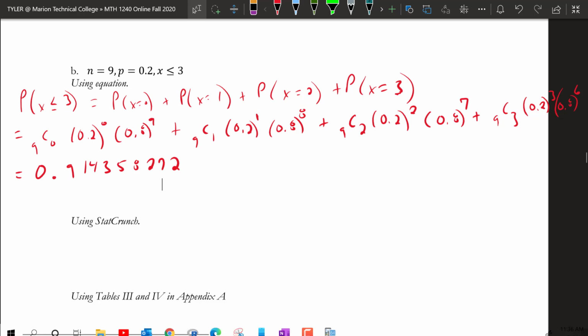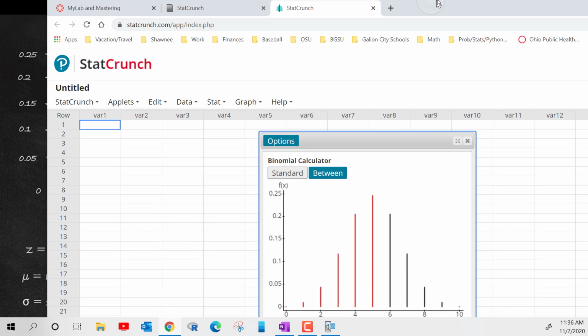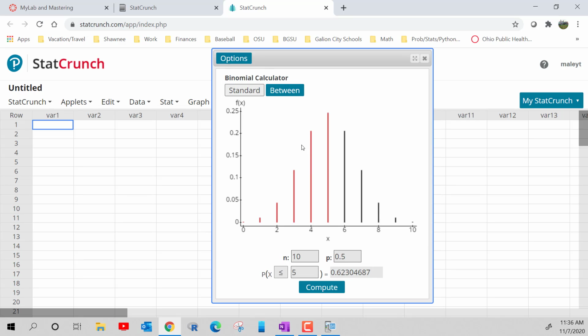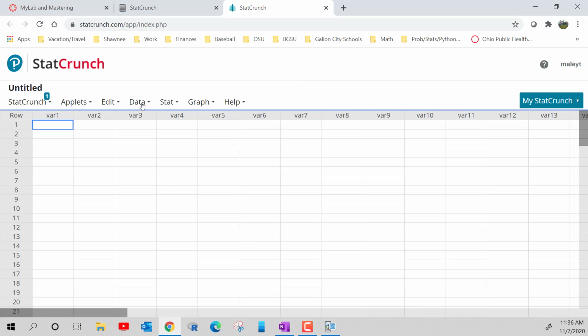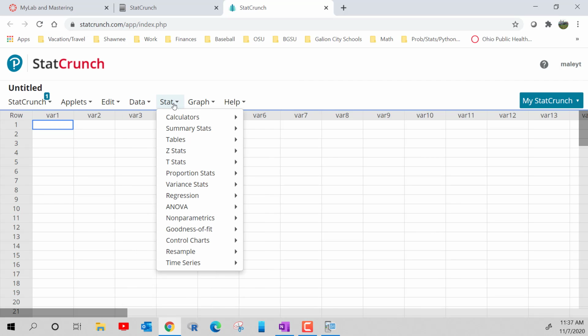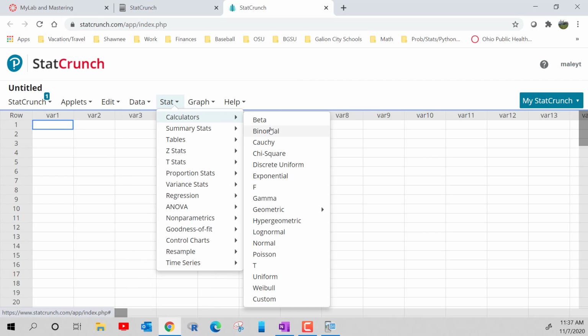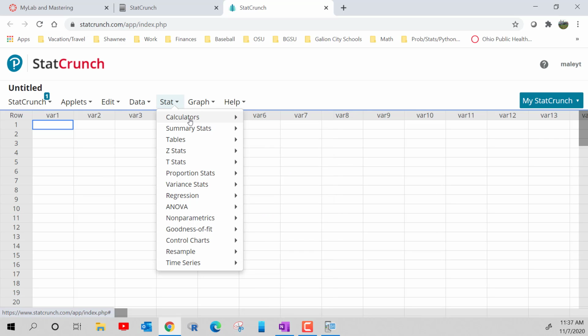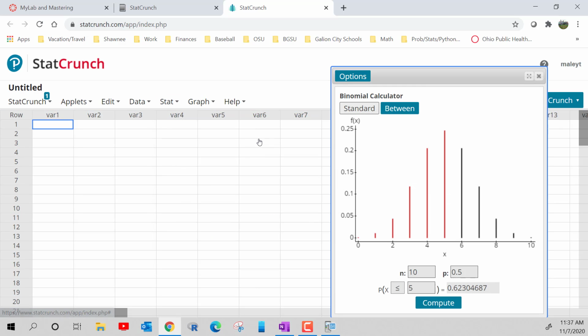Right, so now what I want to do is find this using StatCrunch. So here's my StatCrunch calculator. Remember, to get this to pop up, you're going to go to data, stat, calculators, and then binomial. So under the stat menu there's calculators, and then hit binomial for the binomial calculator, and we can just type in what we have.